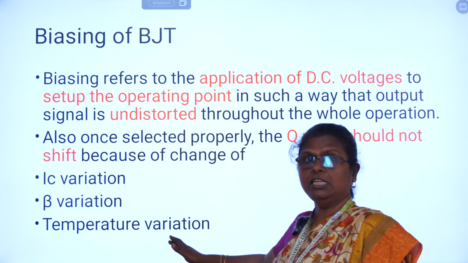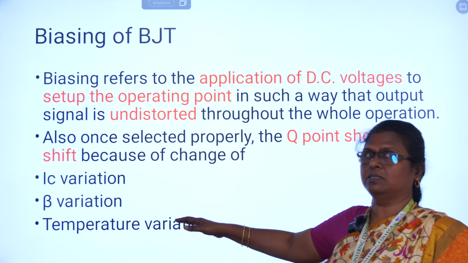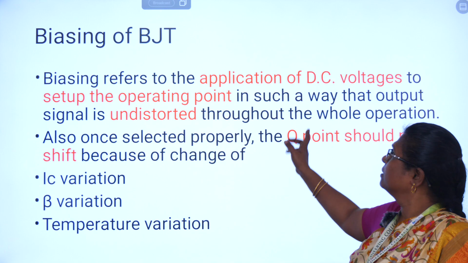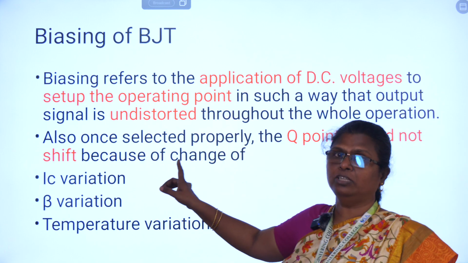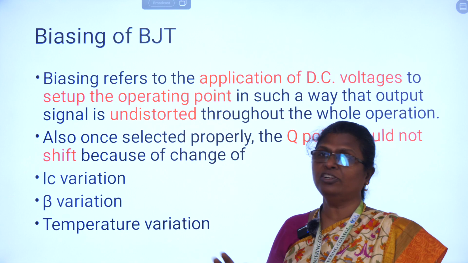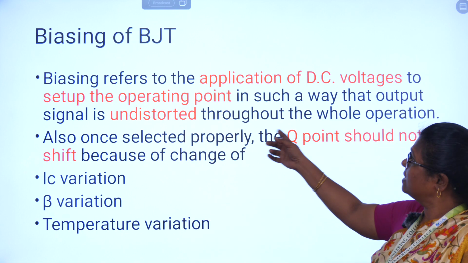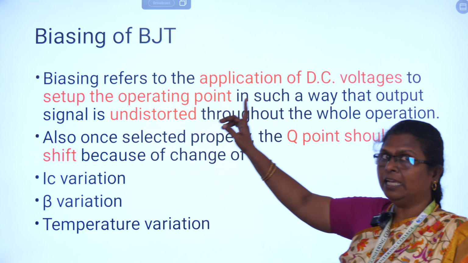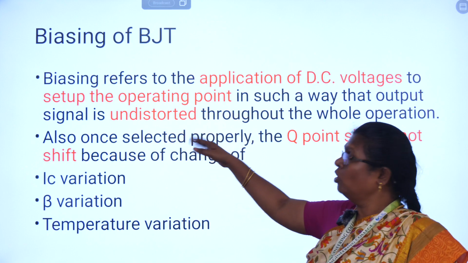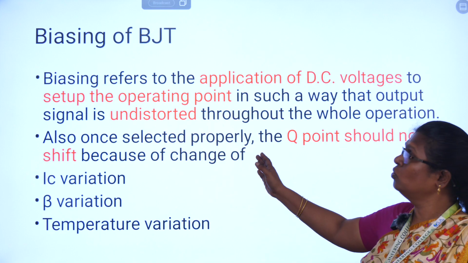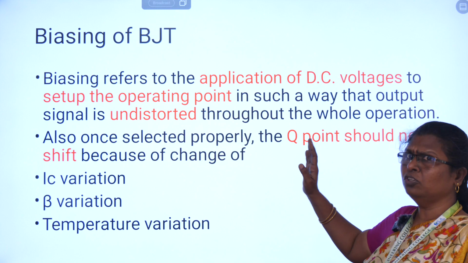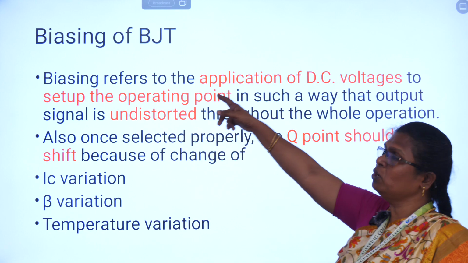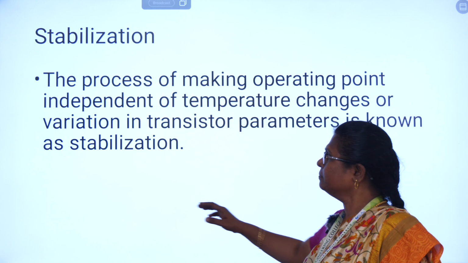In spite of this, the Q point should not shift throughout the operation. That is the major requirement. By supplying DC supply, we are setting up the operating point, our Q point. This should not vary. This should remain in the same position, and that we call biasing.